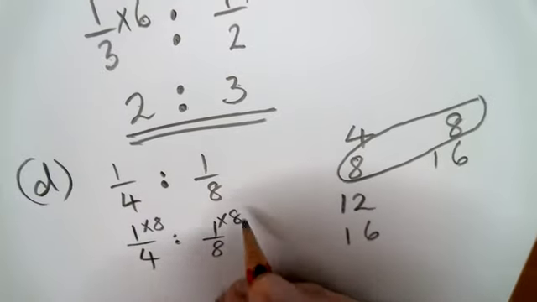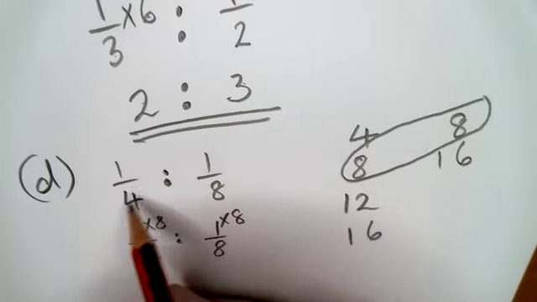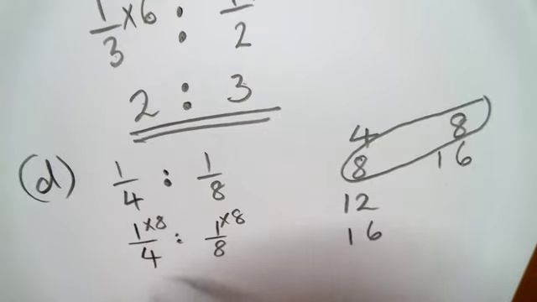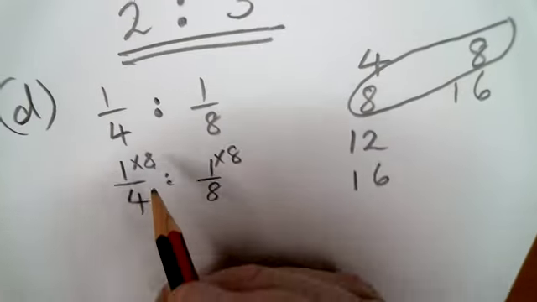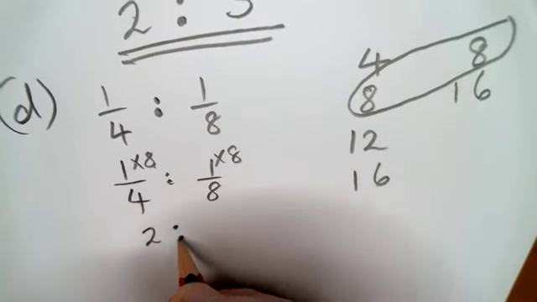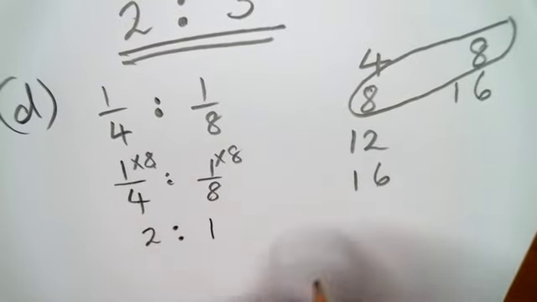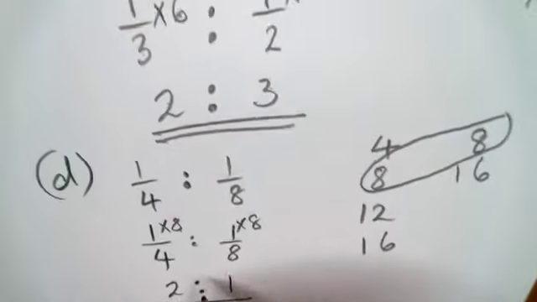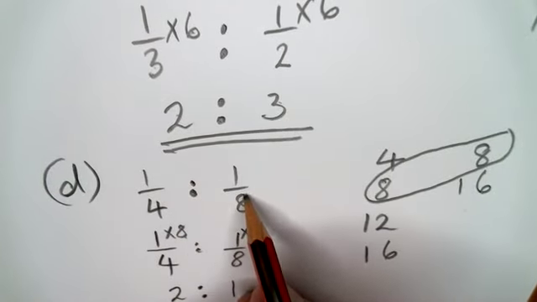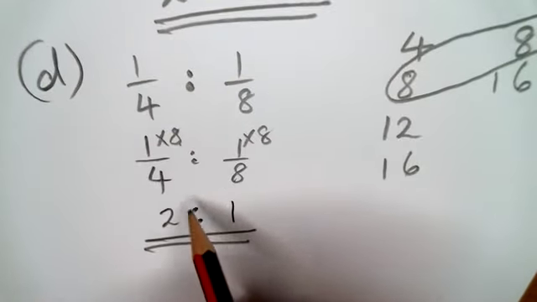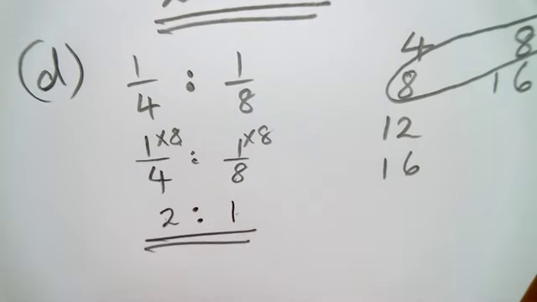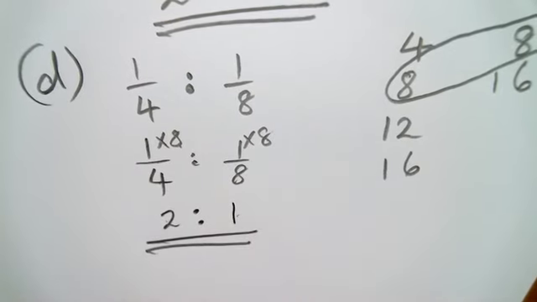Notice I restate the problem so you can see what we had before we crossed stuff out. Well, 4 goes into 8 twice, and 8 goes into 8 once. So the simplified version of 1/4 to 1/8 is a ratio of 2 to 1. And that's how I would simplify those ratios.